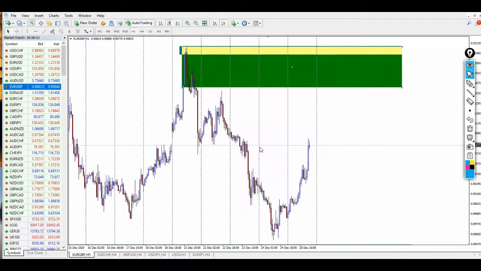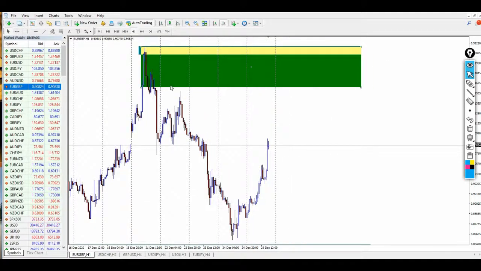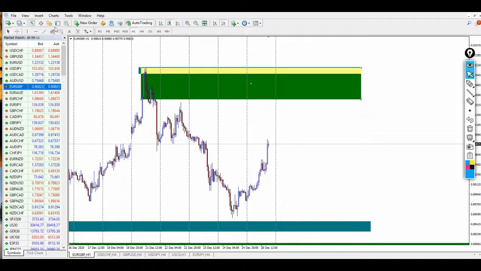Also, you can use a trend line in conjunction with this supply and demand. Let's make an example on this chart. Let's say the market continued down and touched our 1 hour demand.